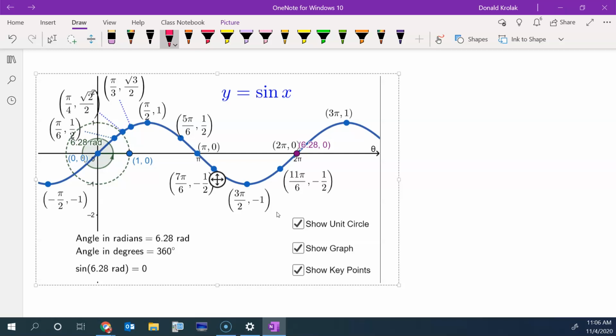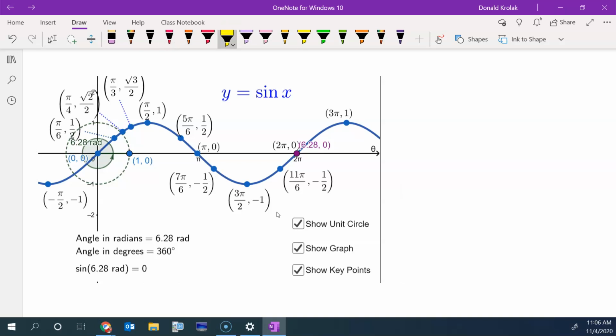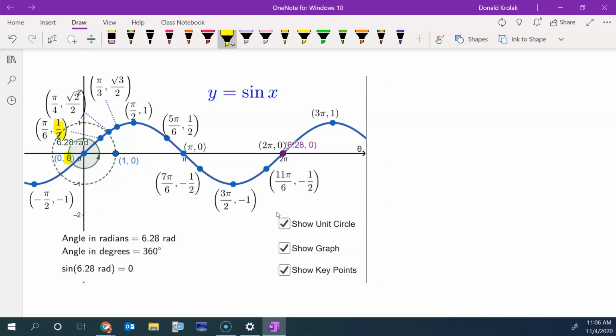Tell me what the y coordinate does as I move through these different quadrants. Here are the y coordinates, I'm highlighting them.